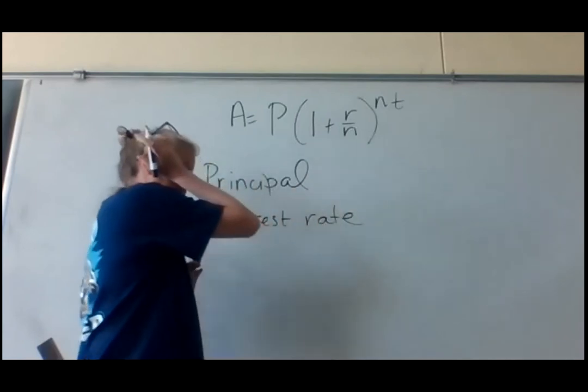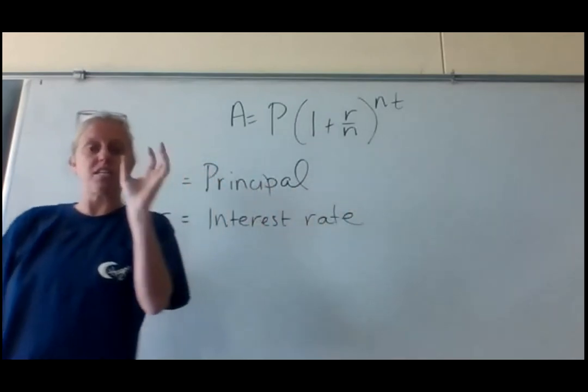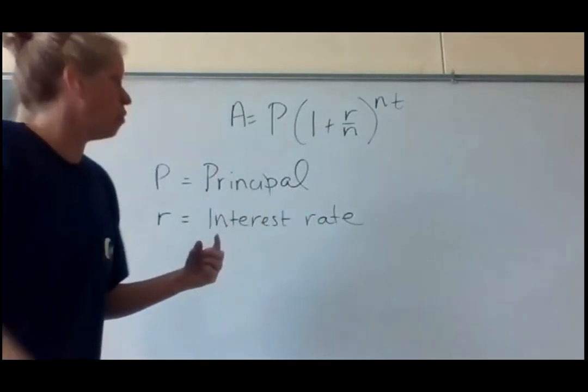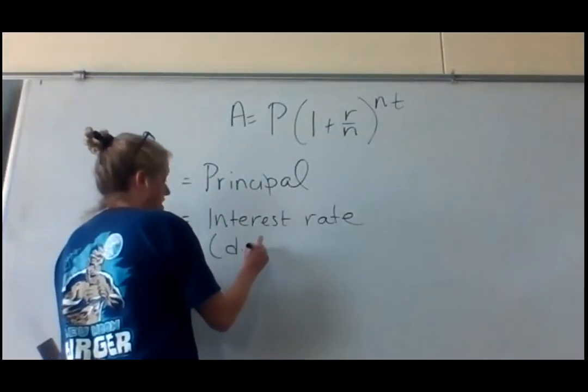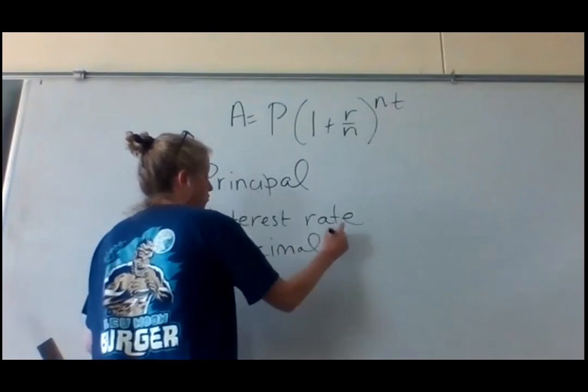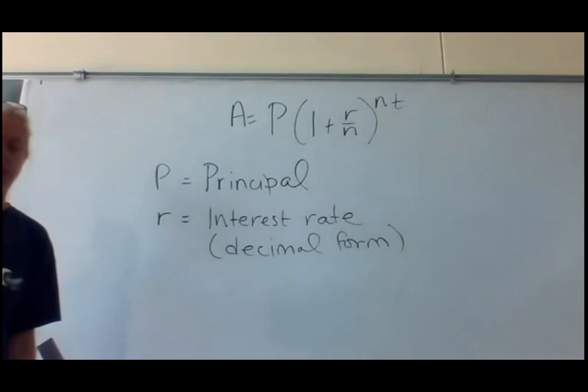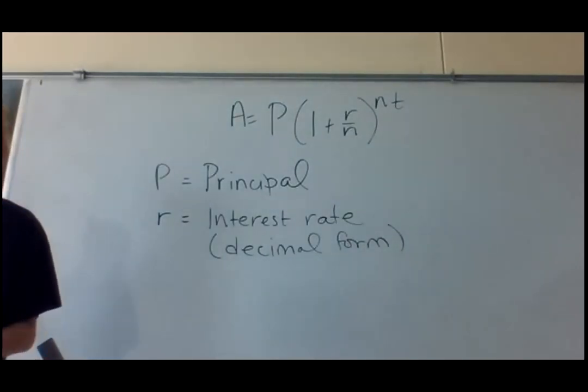And the thing about this is a lot of times when you're given an interest rate, it's going to be in a percentage, like 6% interest. You're going to want to change that. It needs to be in decimal form. So you're going to want to change your interest rate from a percentage to a decimal when you're using the formula.